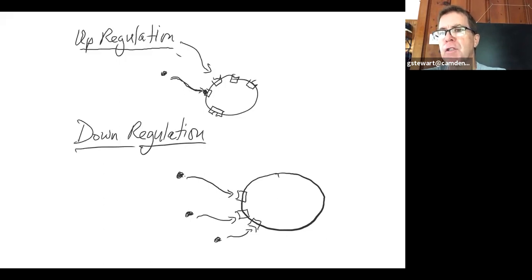So prolonged exposure of this process to the target cell sort of causes the target cell to reduce its numbers of receptors in order to downregulate the hormone's effects. It's sort of like sensory adaptation.